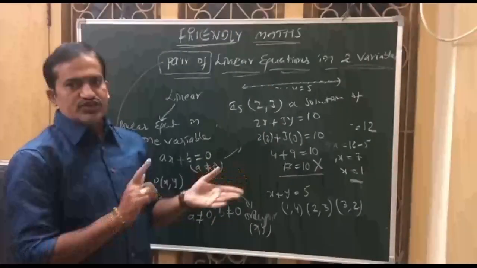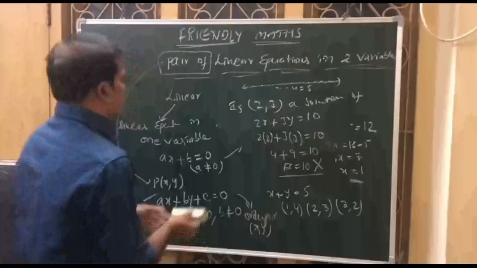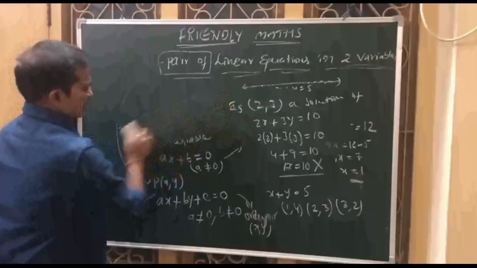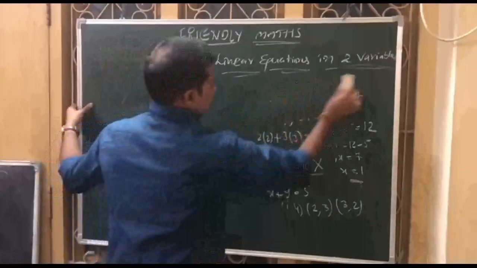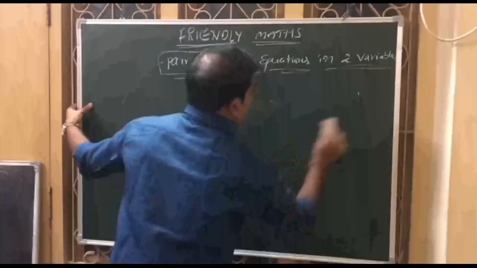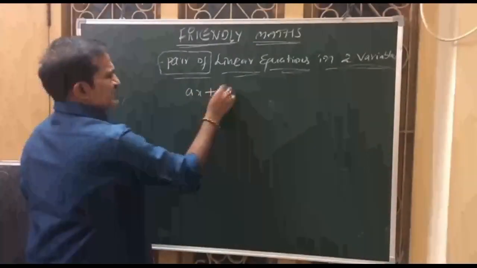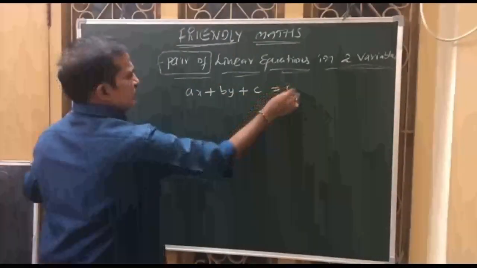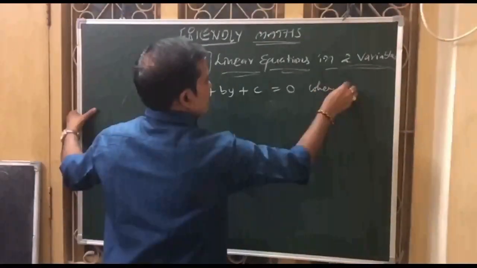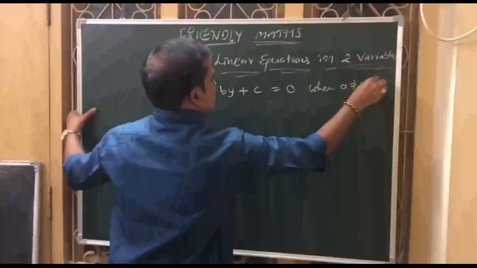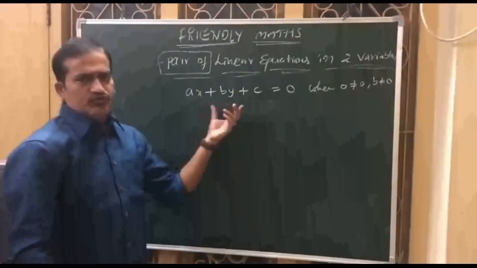That is about solutions of linear equations in one variable and two variables. Now let us come to our major topic, pair of linear equations in two variables. Previously, what we discussed, ax plus by plus c is equal to 0, where a not equal to 0, b not equal to 0, is the general form of a linear equation in two variables.